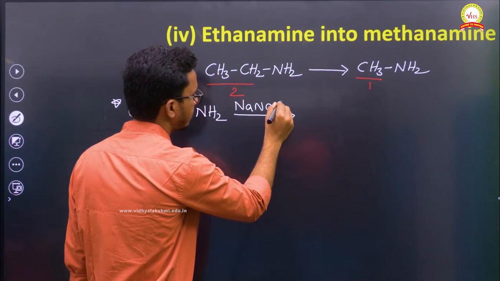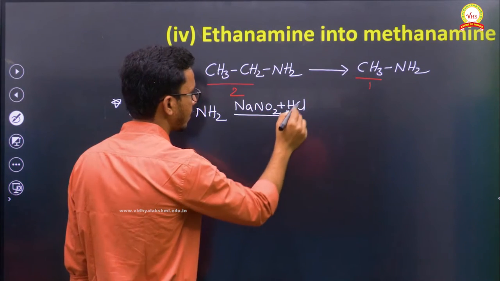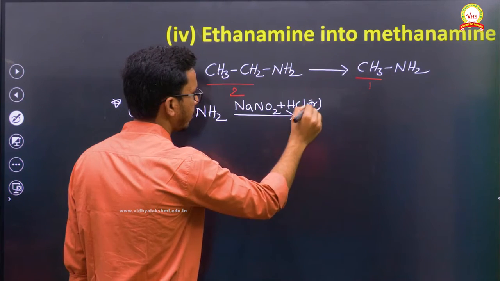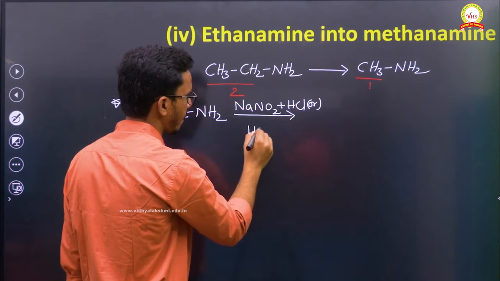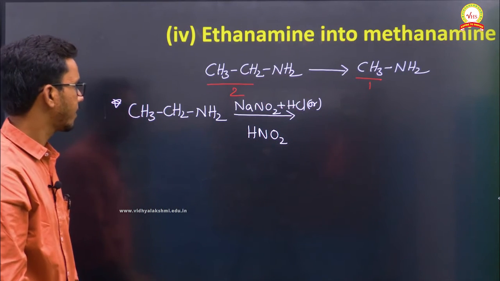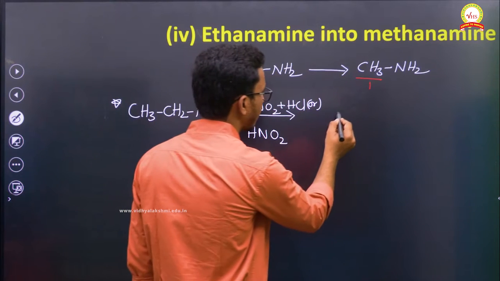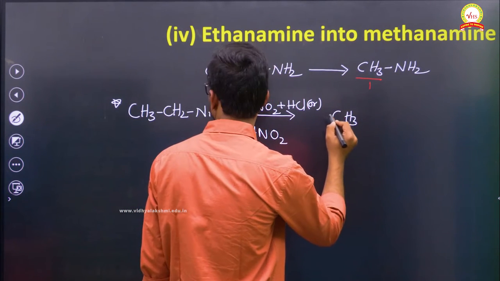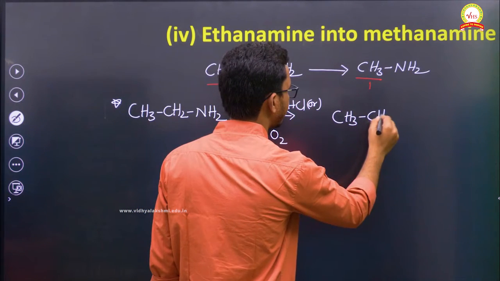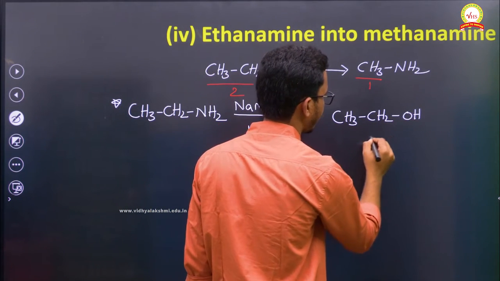Simply you can directly take HNO2. On this reagent, this amine group will be turned into the respective alcohol, that is CH3CH2OH.